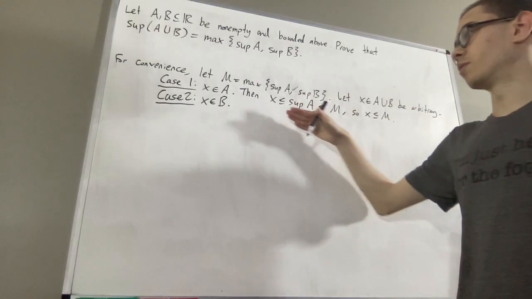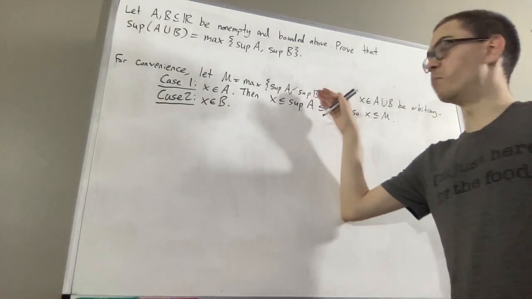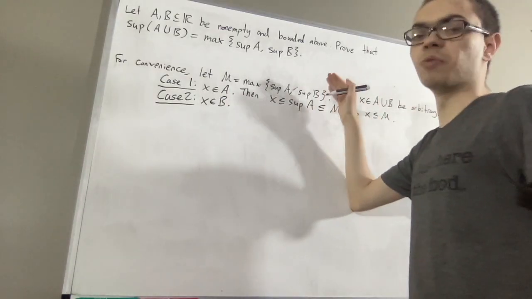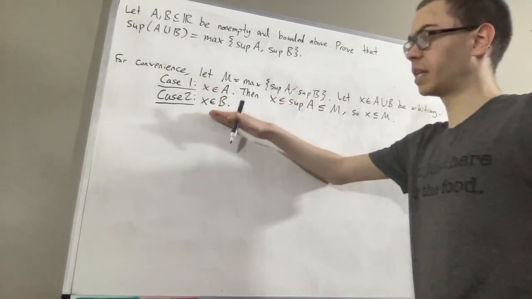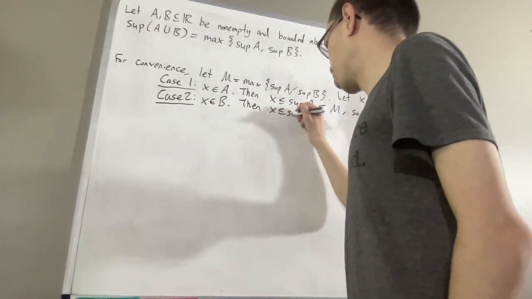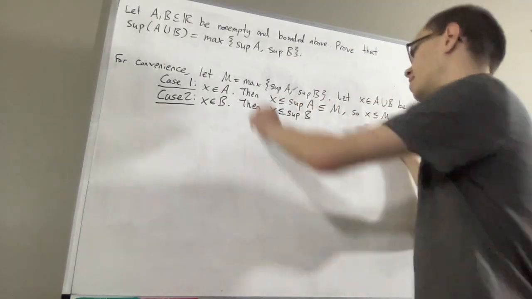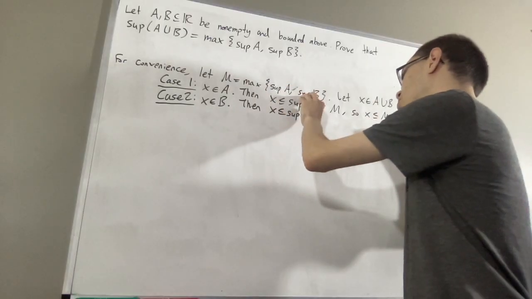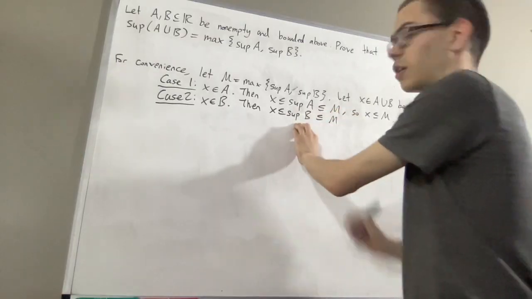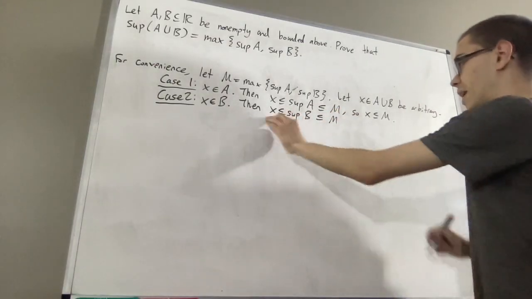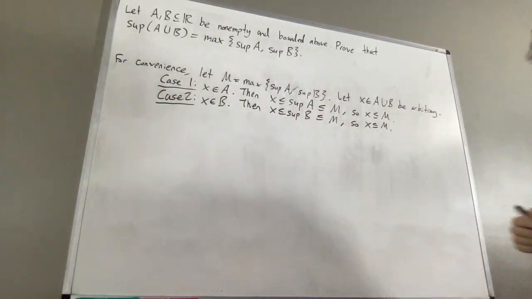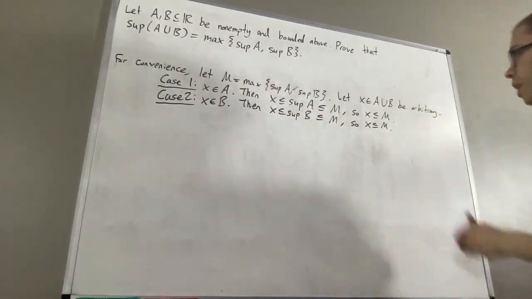Instead, x is going to be less than or equal to the supremum of B. The reason why is because the supremum of B is an upper bound of B. So every element of B is less than or equal to the supremum of B. So in particular, x is less than or equal to the supremum of B. But then since M is the maximum of the supremum of A and supremum of B, we know that they are both less than or equal to M. So the supremum of B is less than or equal to M. So this shows x is less than or equal to M. And so we're done. No matter what, we have x less than or equal to M.